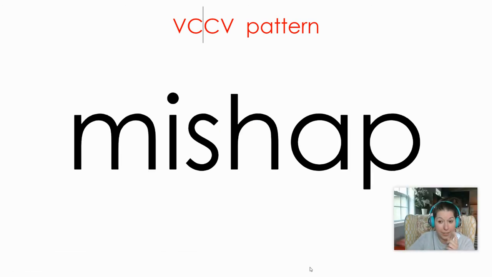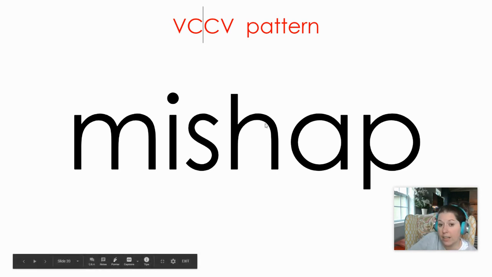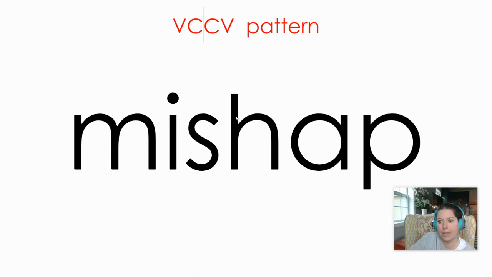Okay, let's do another one. This is a tricky one. I did it on purpose because look, a lot of us see an SH and we say, oh, we know what that says. It says shh, but this word tries to trick you. Watch. Apply your VCCV pattern to this word. V, C, C, V. There it is. Where does our line go? Between our two consonants, right?